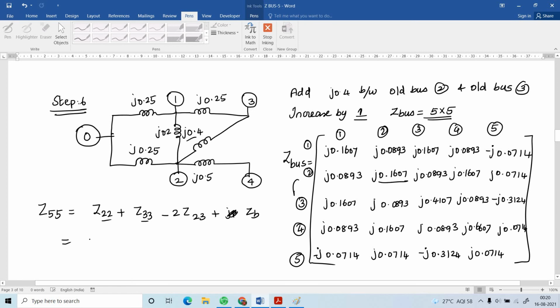Z22 is J0.1607 plus what is Z33? J0.4107 minus 2 into Z23, 2 into J0.0893 plus ZB is J0.4 gives the value J0.7928.